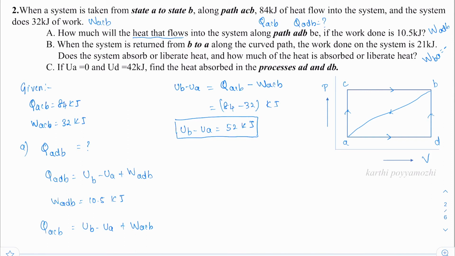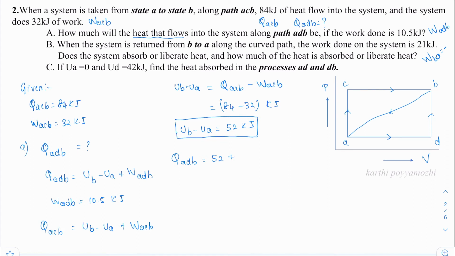Next, by substituting this value in the equation, you can find the heat transfer along the path ADB. Q of ADB will be equal to 52 plus the work done by the process ADB.